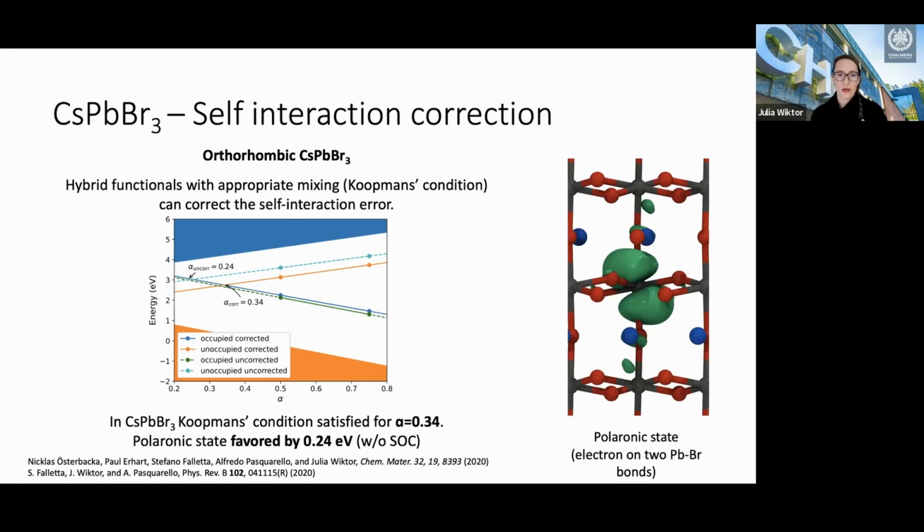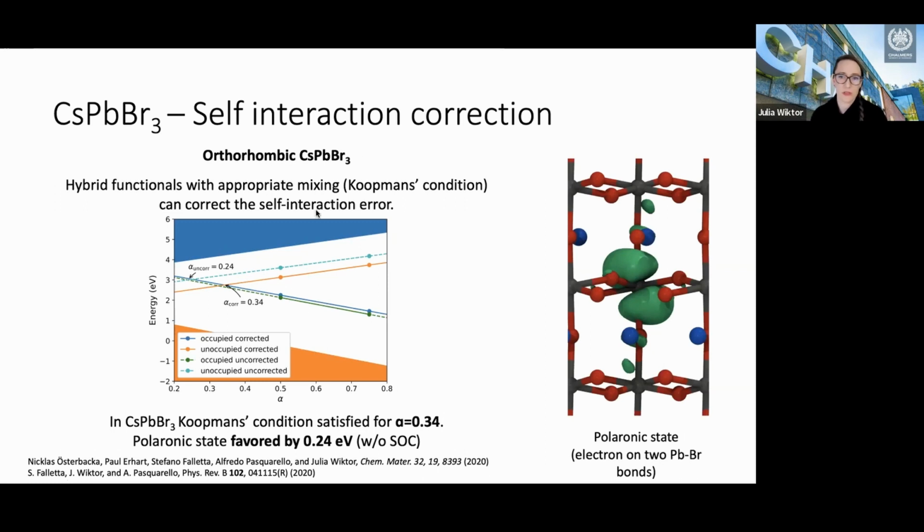And we have been choosing these hybrid functionals based on a physical condition, which is called Koopman's condition, which says that if we have a localized state in a material, its energy level should not depend on whether we have a charge or not.